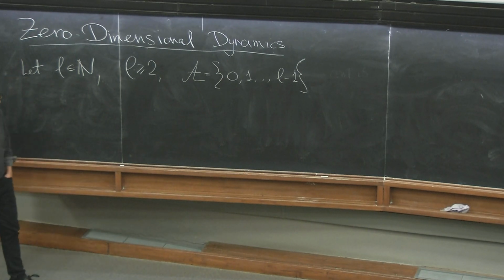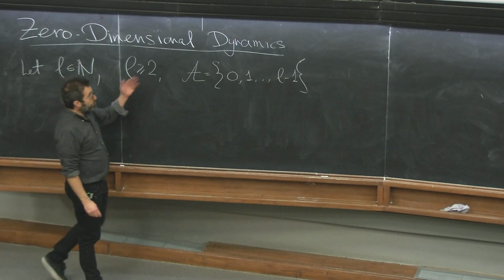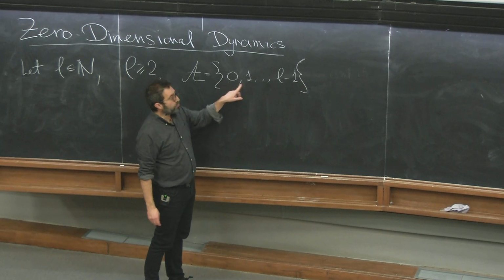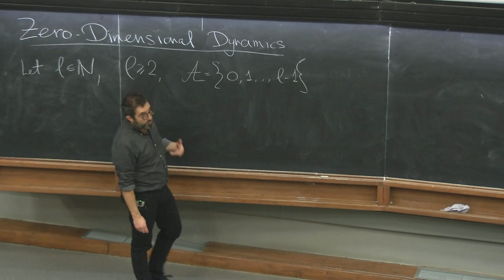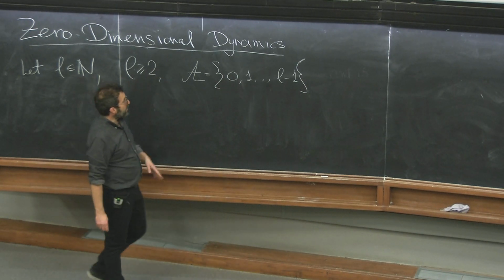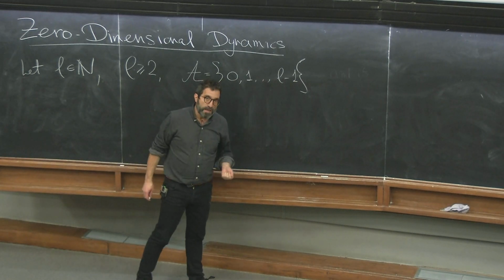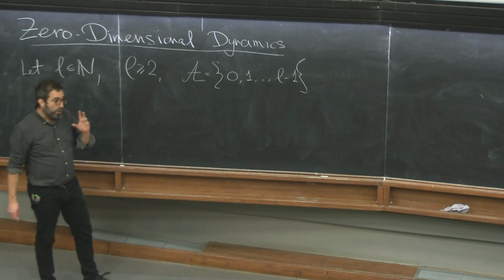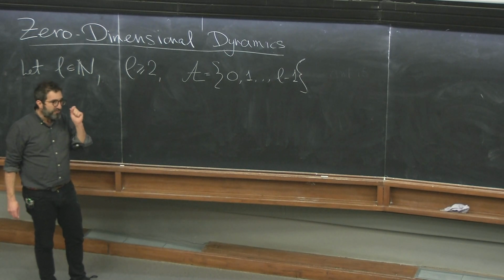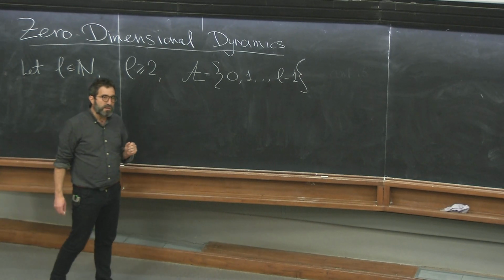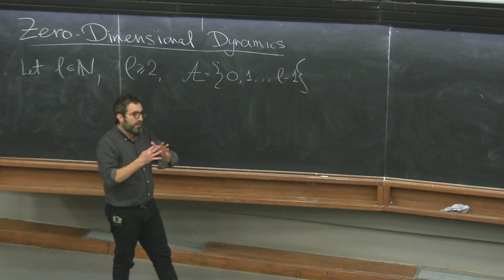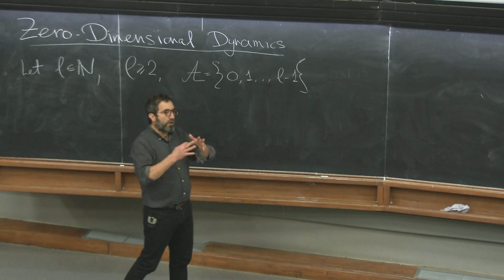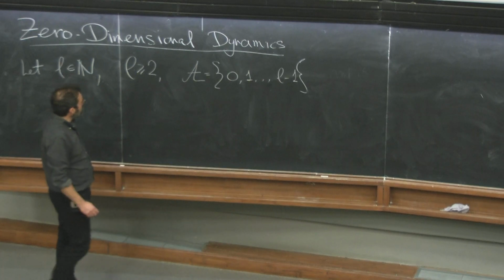So for example, if L is equal to 2, this is just 2 symbols, 0 and 1. If L is equal to 10, then this is just the digits 0 to 9. As we shall see, this abstract space is closely related, although different in some very fundamental ways, from our usual decimal and other base expansion of real numbers.